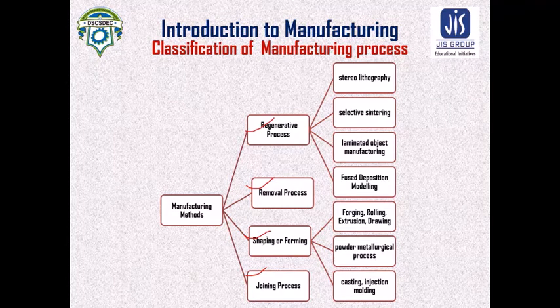Shaping and forming is further divided into casting, injection molding, forging, rolling, extrusion or drawing, and powder metallurgical process. And regenerative process is further divided into stereolithography, selective sintering, laminated object manufacturing, and fused deposition modeling.